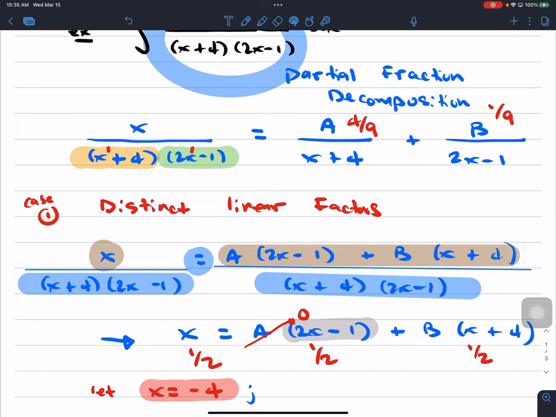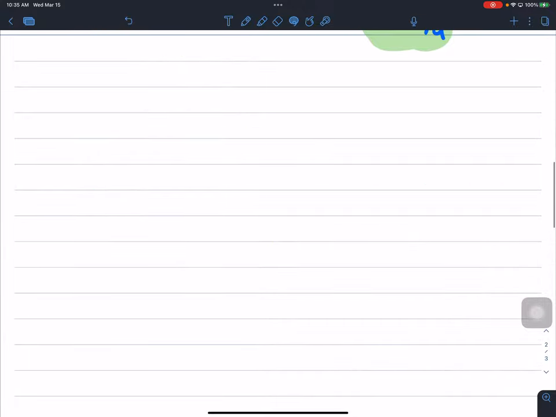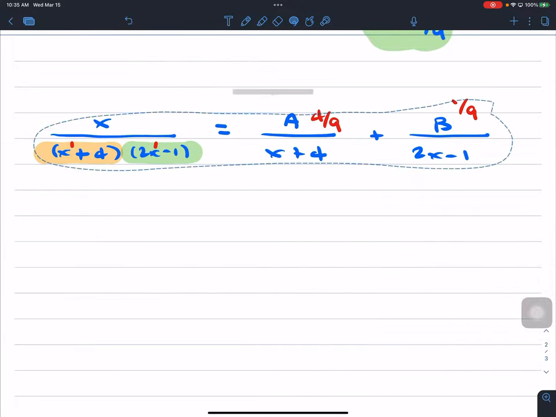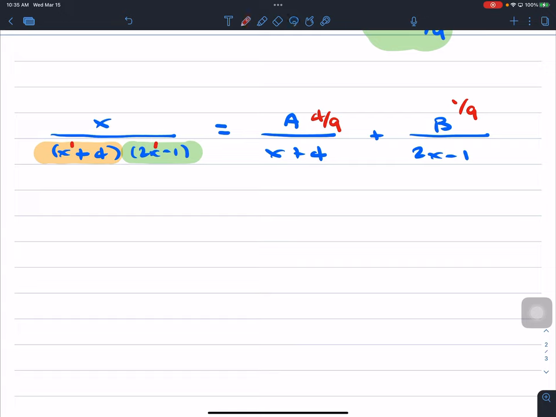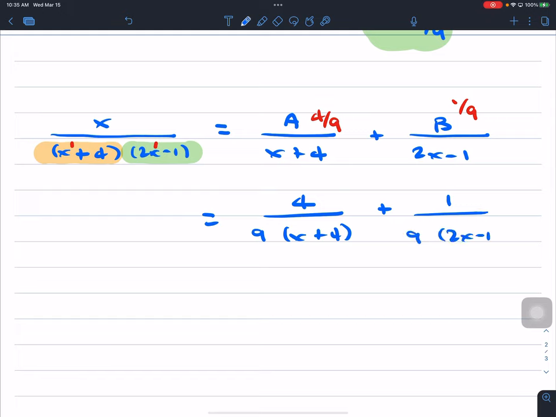So let's take a look. Here's what that means. Partial fraction decomposition. It means this is going to equal now 4/9 over x plus 4, plus 1/9 over 2x minus 1.